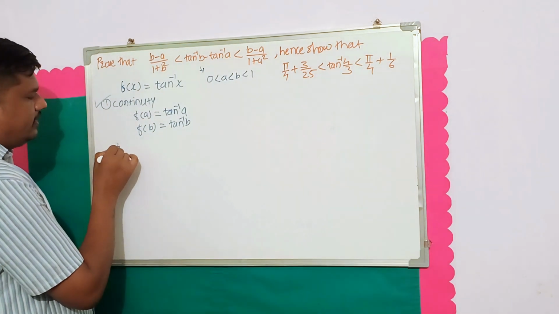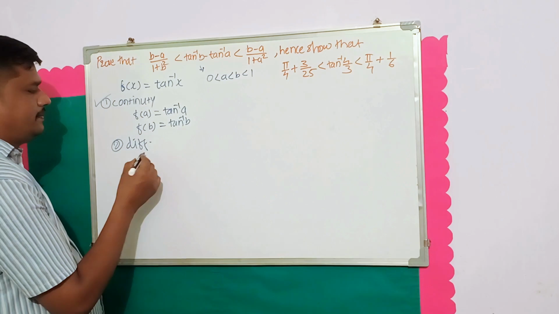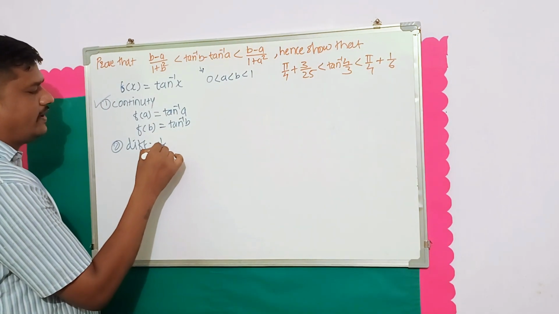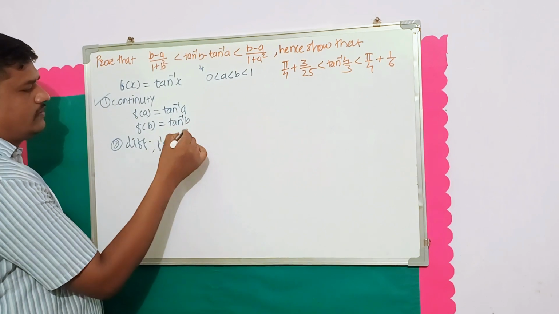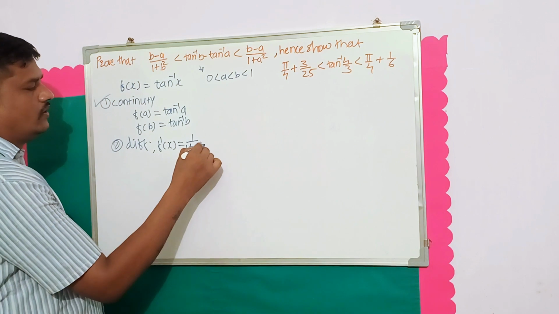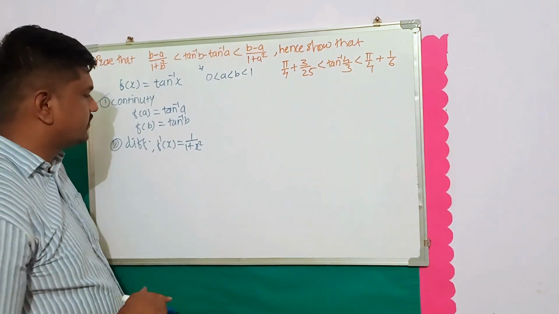The second condition is about differentiability. To check it, first of all we take the derivative, f dash of x, which is equal to 1 upon 1 plus x square. We know that the derivative of tan inverse of x is 1 upon 1 plus x square.